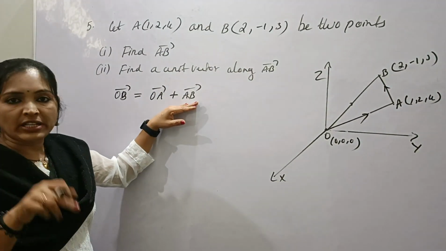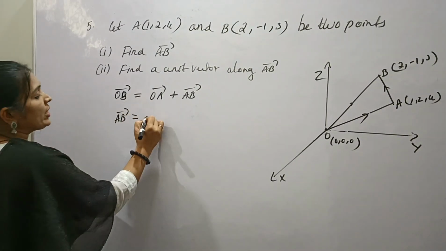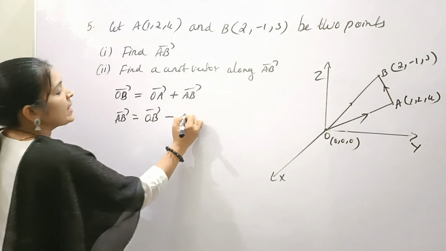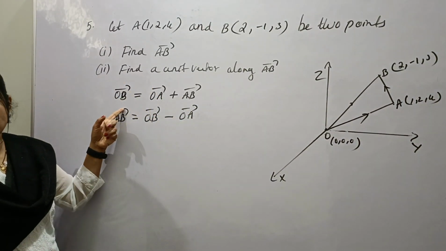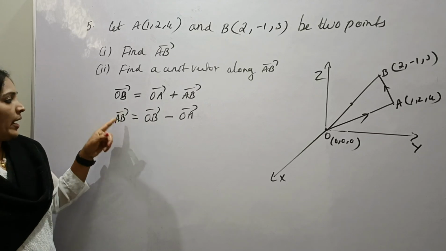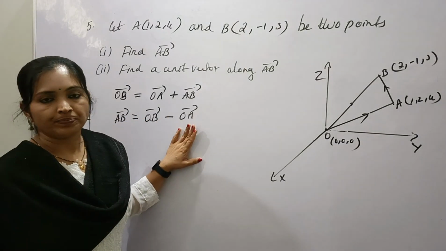So we have to find vector AB. Taking vector OA to the left side, vector AB is equal to vector OB minus vector OA.